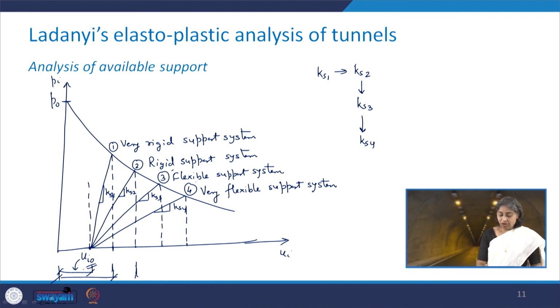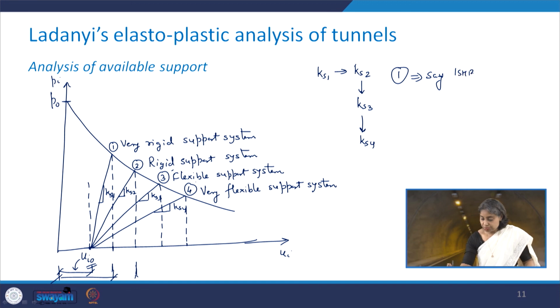Now an example of these different types of support systems may be, just for an example, corresponding to one, that maybe it is ISHB 450 at the rate of 1 meter center to center, and then maybe for 4 we can say that it is ISMB 150 at the rate of 400 millimeter center to center.